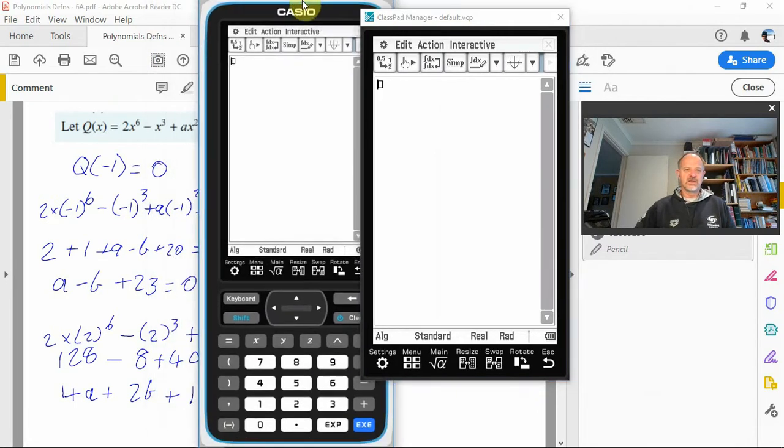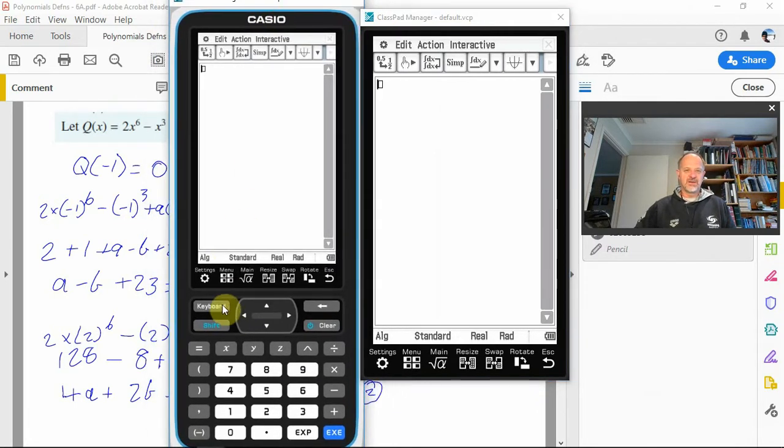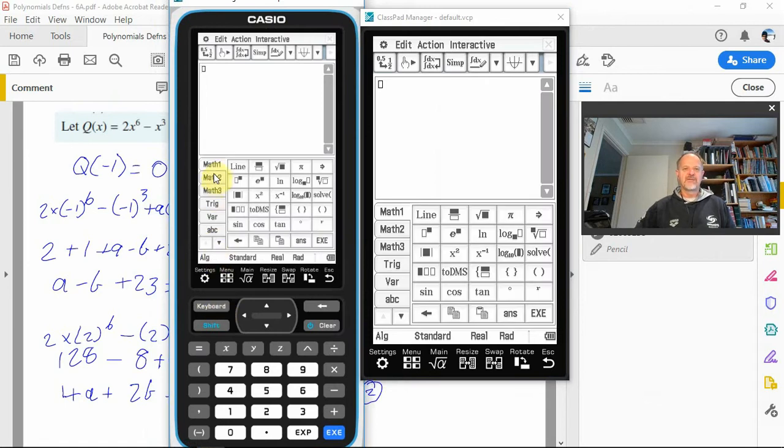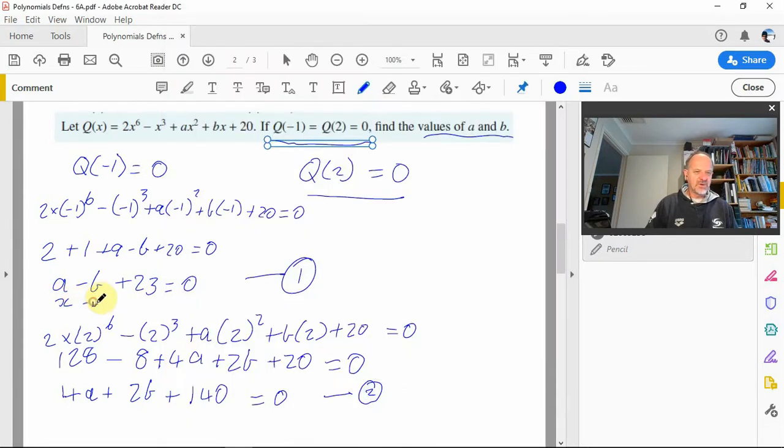So keyboard, this one here, click on it, there we go. I'm going to use x's and y's, so for a, I'm going to use x, minus y, and this.